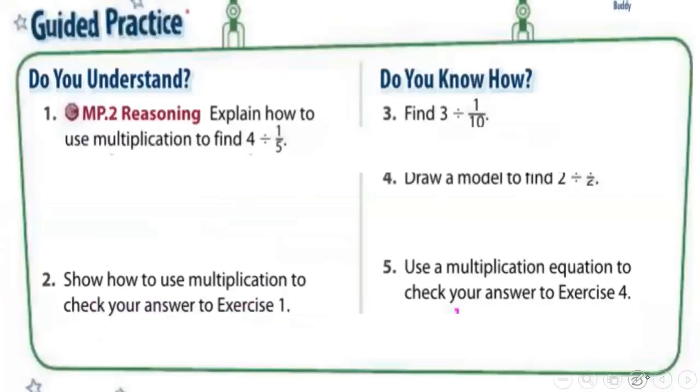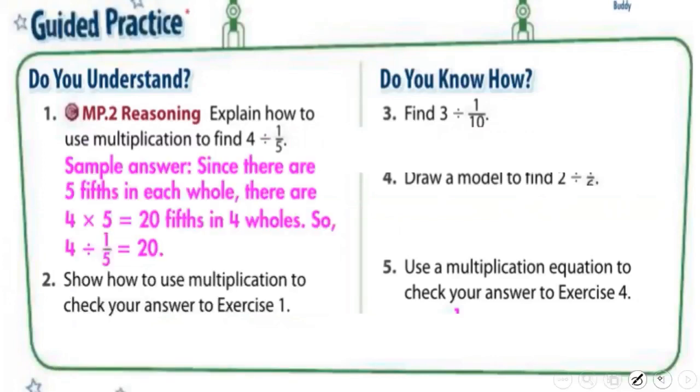Guided practice. Explain how to use multiplication to find 4 divided by 1 over 5. Since there are 5 fifths in each whole, it means each one equals 5 over 5.